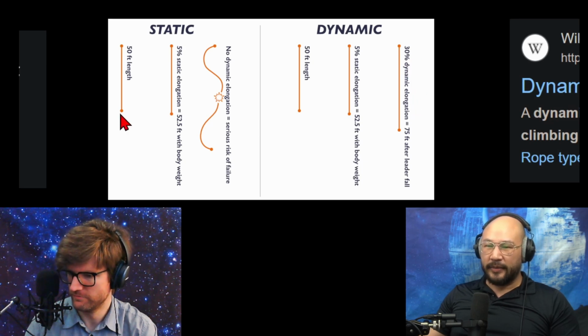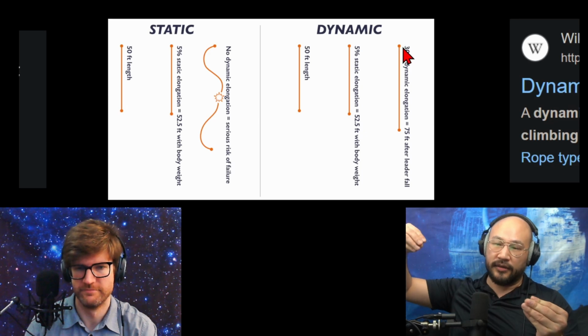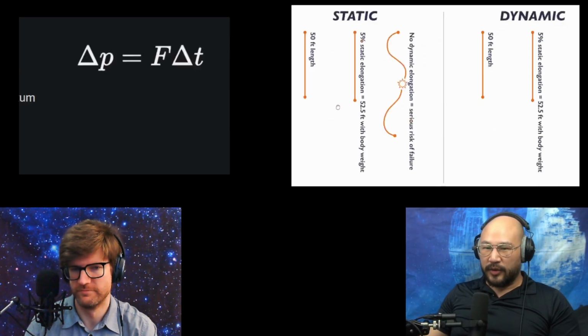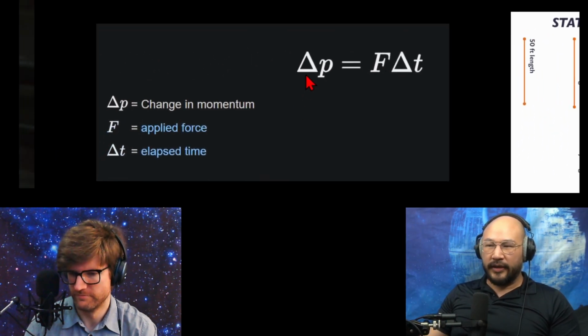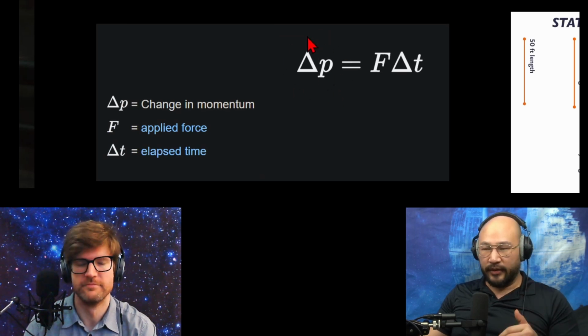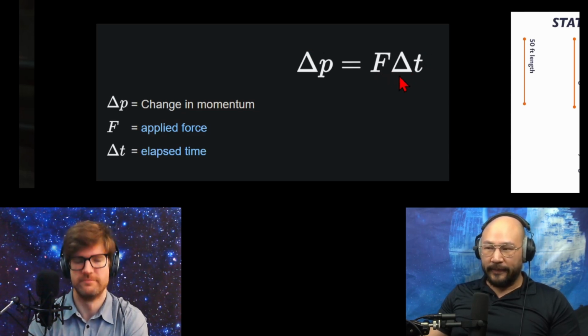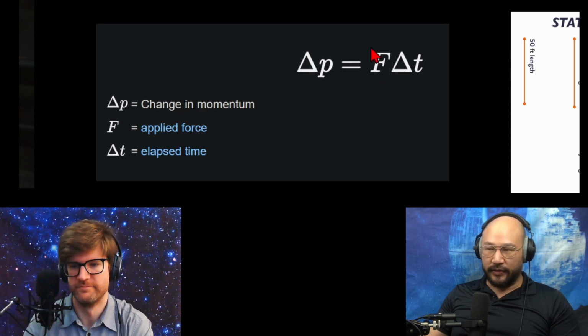And so what does that mean? It means when you pull it tight, it stretches out slowly. Why is that important? Well, if you're falling, you're going from moving to not moving. So this delta P, this change of momentum, is going to be whatever it is. However, you can change the way that plays out. If you can increase the amount of time, then you can decrease the amount of force.